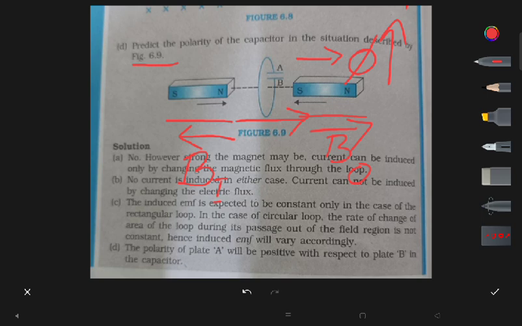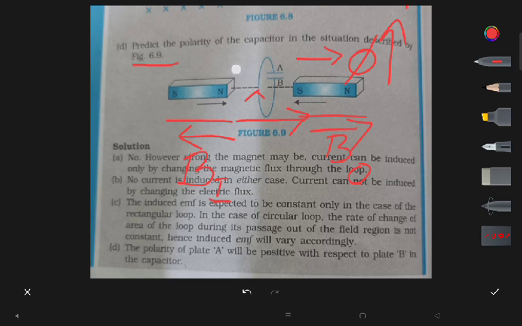Right. So first we have known the direction of the induced magnetic field. This induced magnetic field is generated by the induced current in the ring. It can be generated only by a current in the clockwise direction.